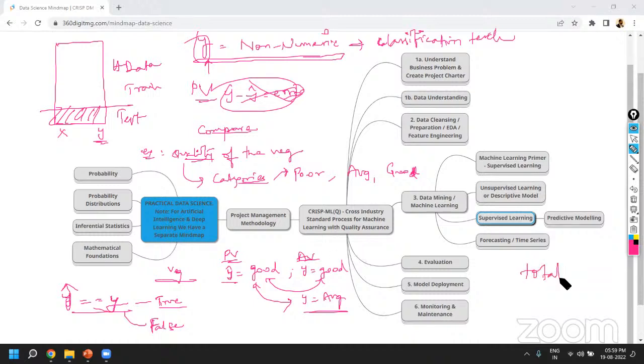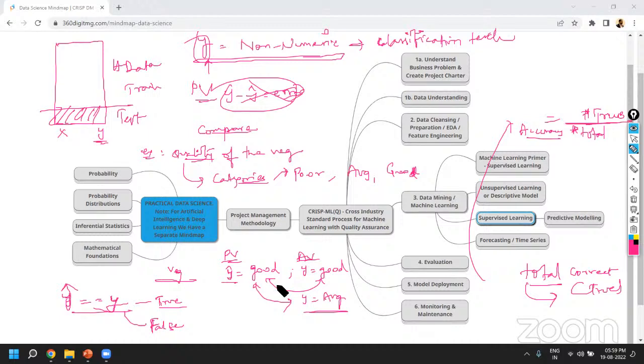Total correct predictions is what we want. That means true predictions is what we want out of all the predictions. So here we will be able to measure accuracy: the number of true predictions divided by the total number of predictions. This is going to be your accuracy measure.